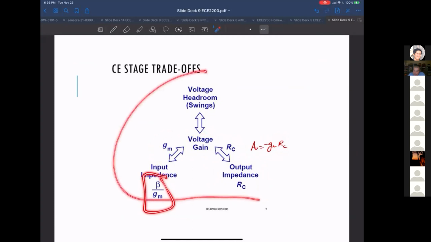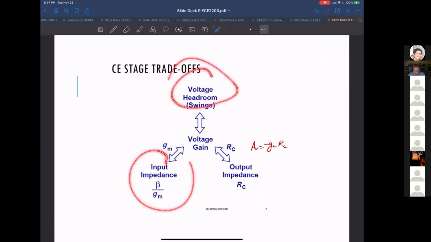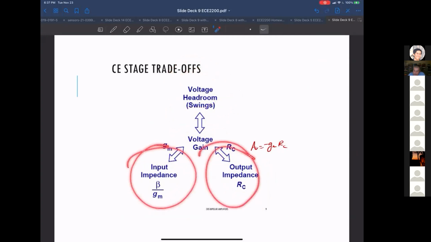So these are all trade-offs in a common emitter stage. Essentially, it's power consumption, output impedance, and input impedance, all traded off against voltage gain. So you'd only use this common emitter stage if you want voltage gain, and these are your limitations: problems with driving input and output, and power consumption.